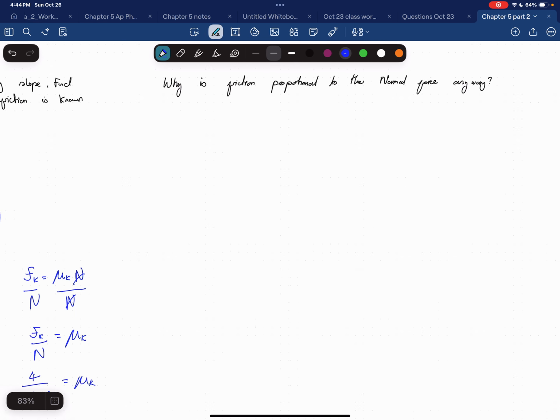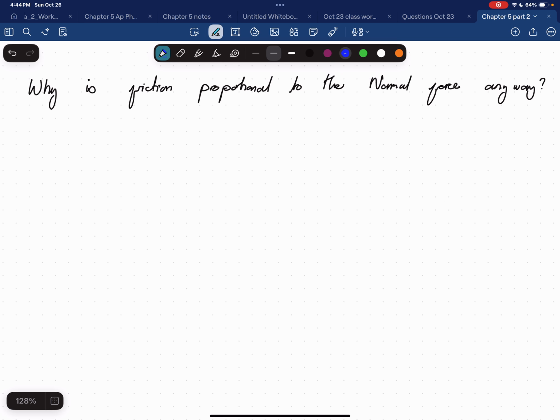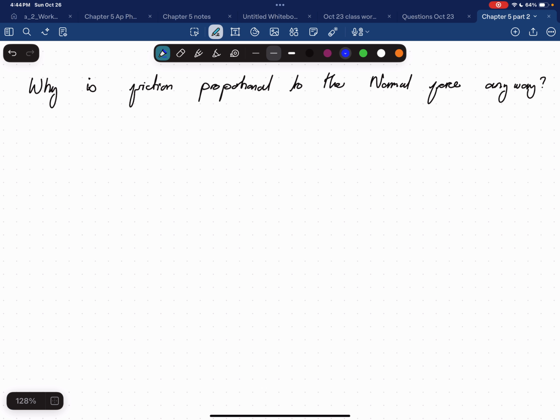Now I'm telling you that friction is proportional to the normal force. Why is that? When two surfaces are in contact, let's say this is surface 1 and this is surface 2.